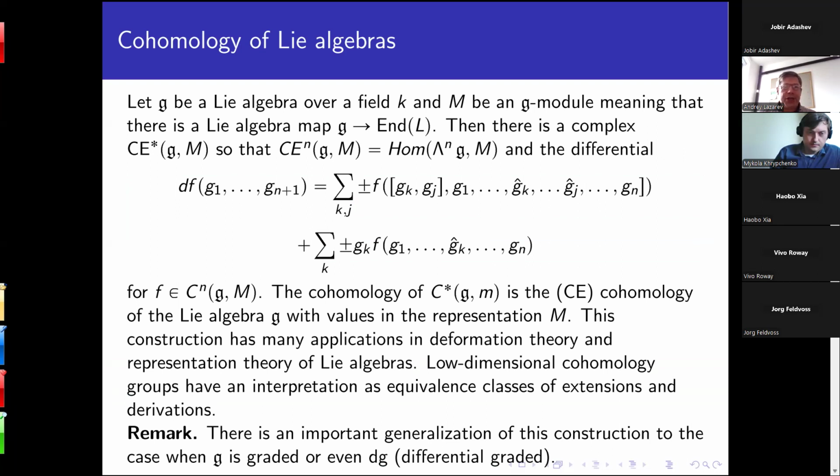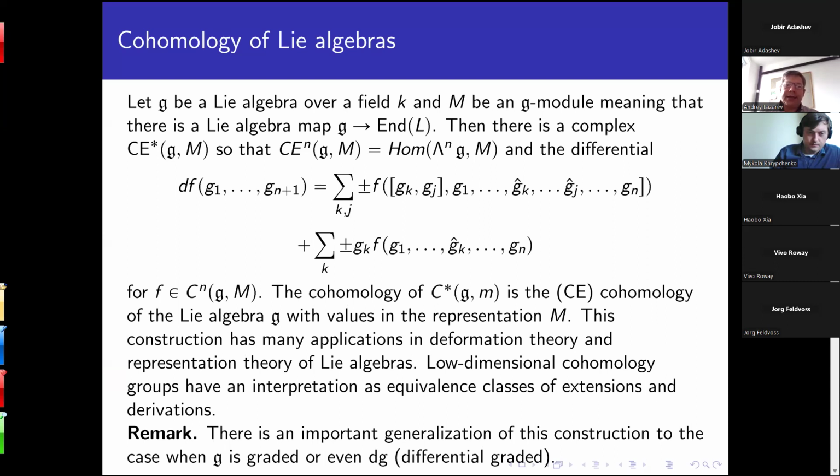Okay, so let G be a Lie algebra, just an ordinary Lie algebra, rather than a Lie coalgebra, over a field K. K is generally assumed to have characteristic 0, and I will assume that as well, even though it's not written in my slides.